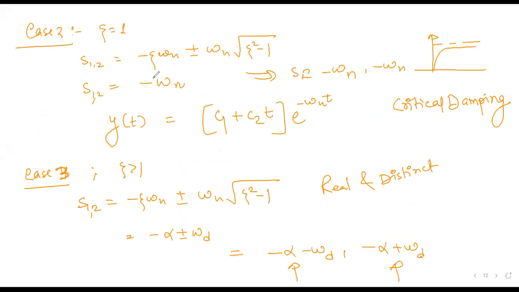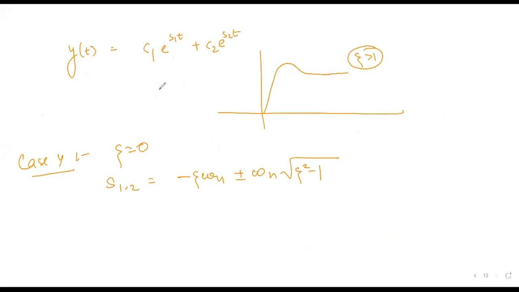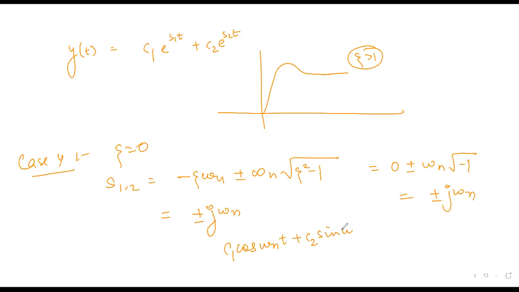When you solve it, you will get plus minus j omega n. Why? Zeta would be 0, and when you put it, you will have minus 1 under the root, and the square root of minus 1 is j, so plus minus j omega n. So your response would be C1 cos omega nt plus C2 sin omega nt, and your graph will look like this.